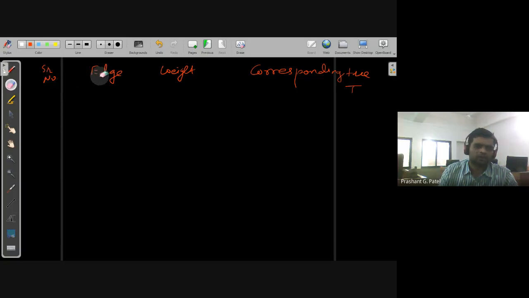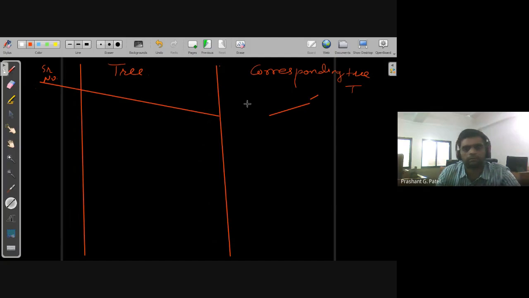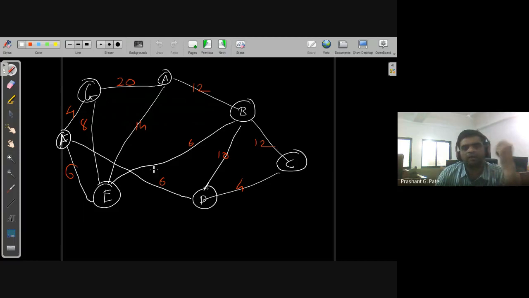Instead of edge, we can write a tree, whatever the tree we have. Fine. So in Prim's algorithm we are starting with any vertex here.